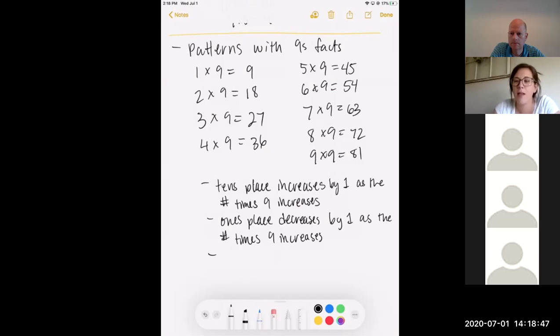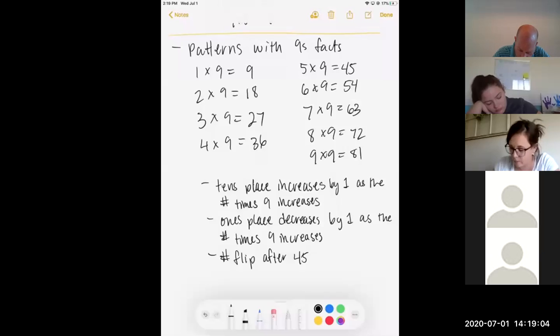This is kind of on that same note, but the numbers flip after 45, when you get 5 times 9, and then after that, they kind of flip. Okay, great. 54, 63.